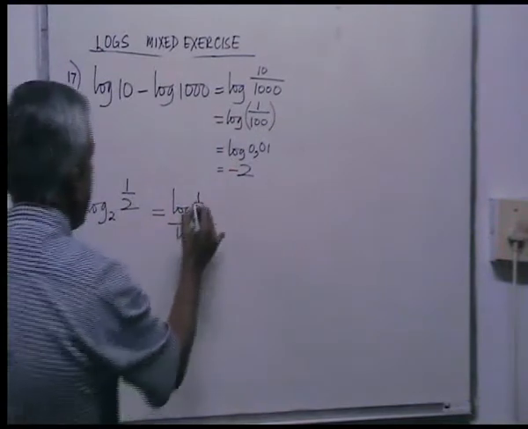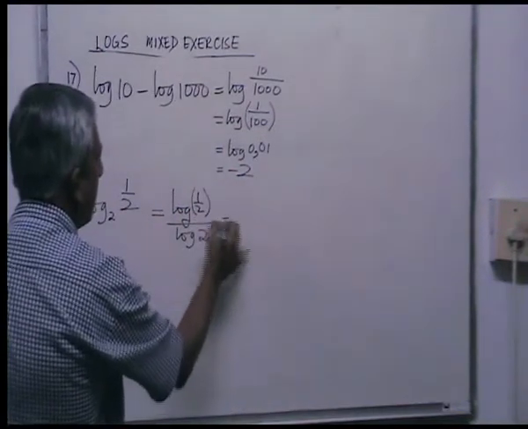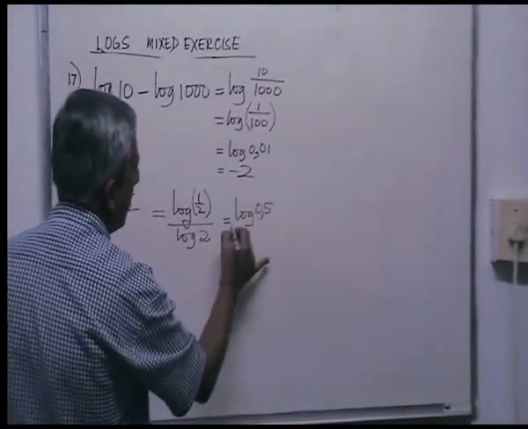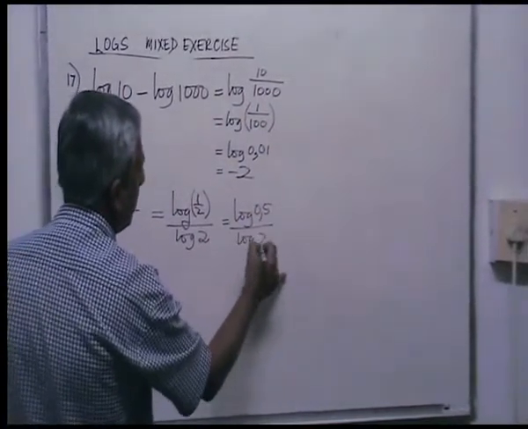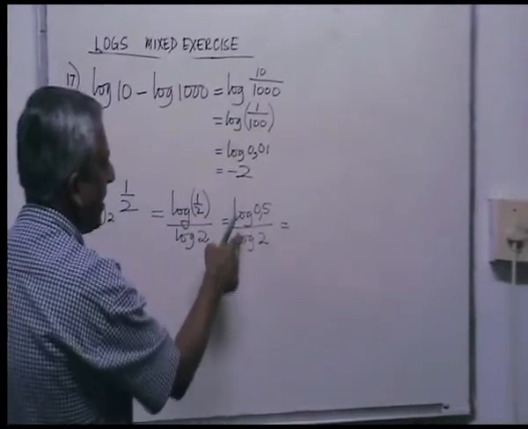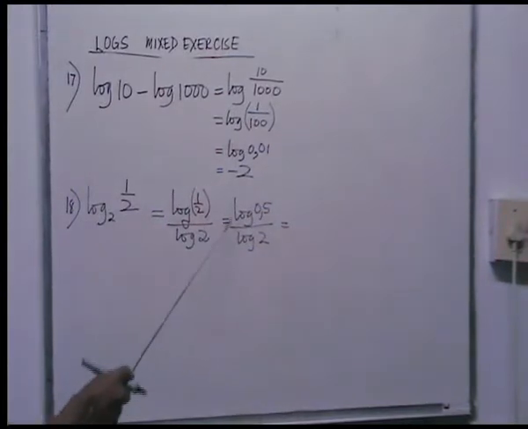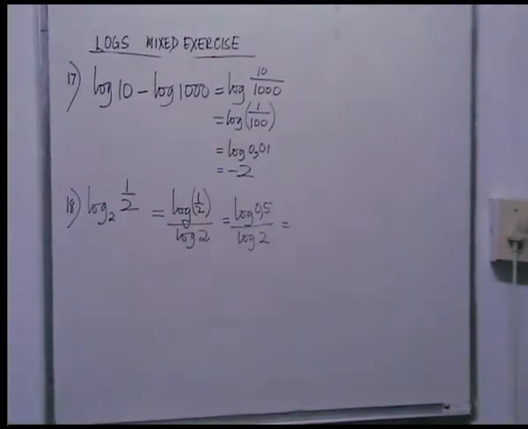Again, sometimes you might just make a mistake. So it's better for you to write this as log of 0.5 over log of 2, and then put it in the calculator, because half is 0.5.